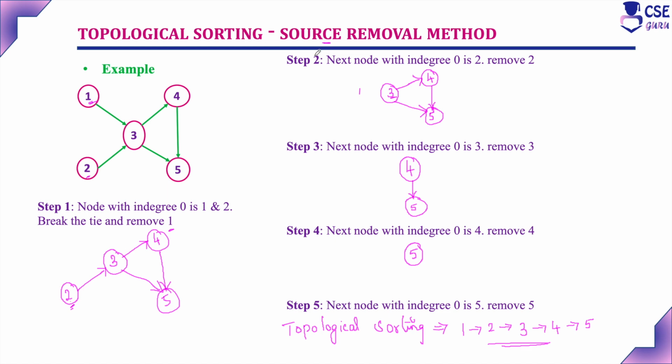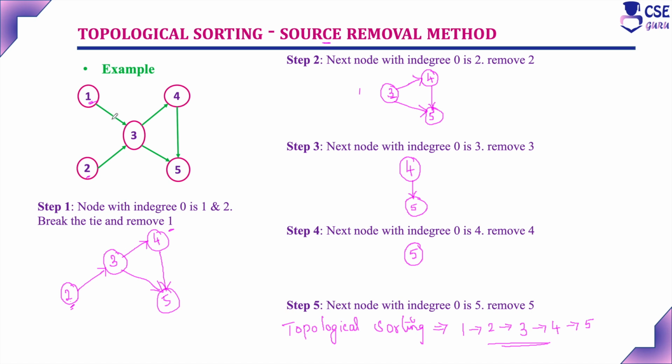How can we implement it? Step by step, identify one vertex with in-degree 0. If more than one vertex has in-degree 0, you need to break the tie in alphabetical order. Whichever vertex comes first alphabetically, you have to remove first. Identify the vertex with in-degree 0 and remove that vertex along with its outgoing edge; both you have to remove.